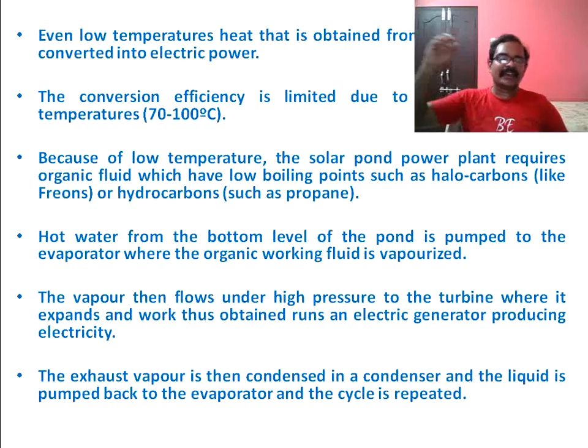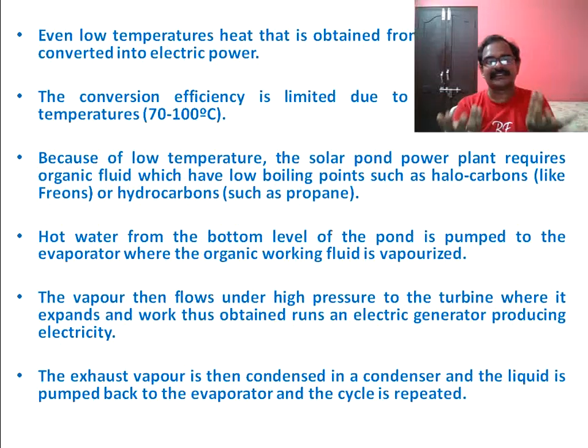At 100 degrees centigrade water will be converted into steam, but propane and freon will be converted into vapor even at 70 to 80 degrees centigrade, or even at 50 to 60 degrees centigrade. These liquids will be converted into vapor, and that is why we will use freon or propane.